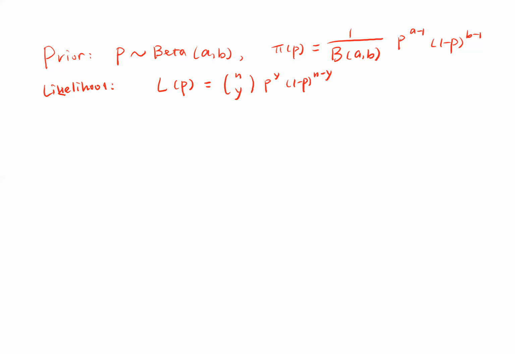So earlier we threw away those constants, the choose function as well as the beta function, because we know that they go into the proportional sign, right? But today, we're going to continue the derivation of showing the posterior is indeed a beta by keeping those constants, and then recognizing that the final form is indeed the posterior beta that we're looking for.